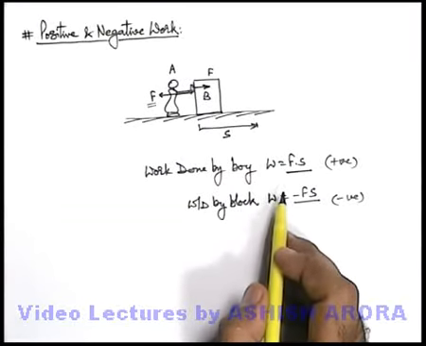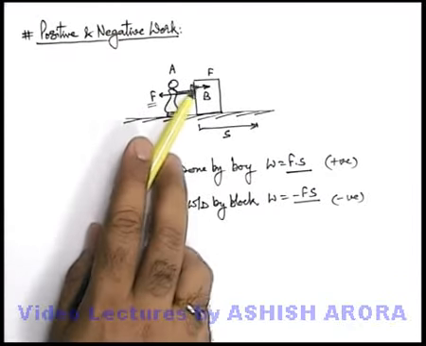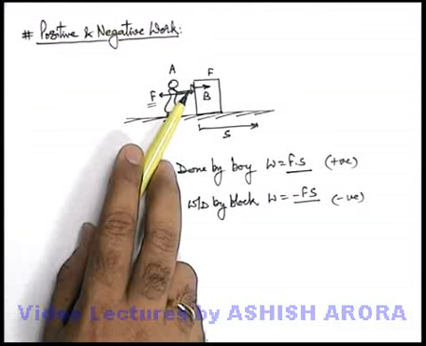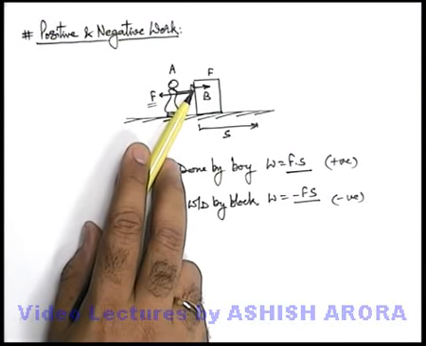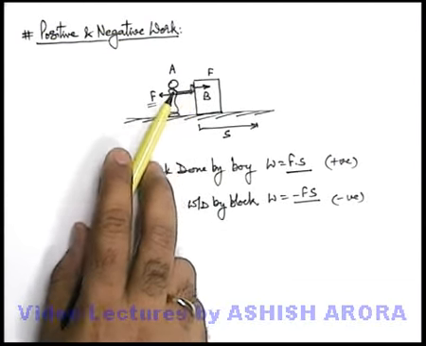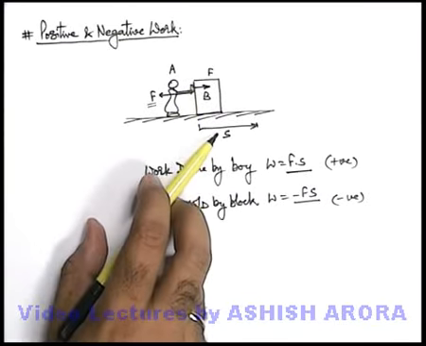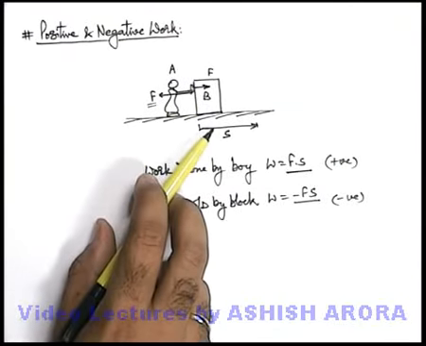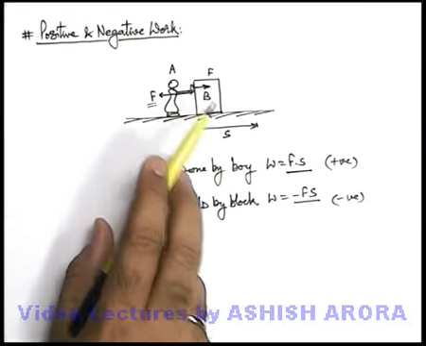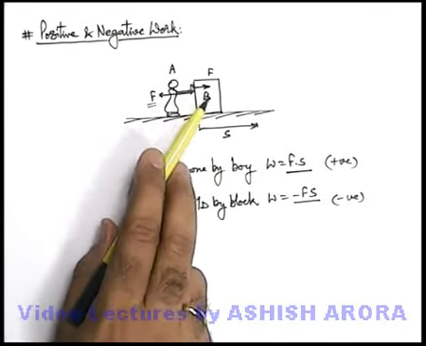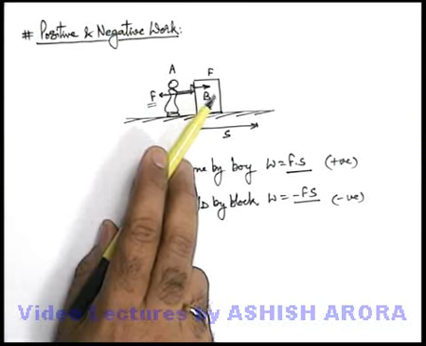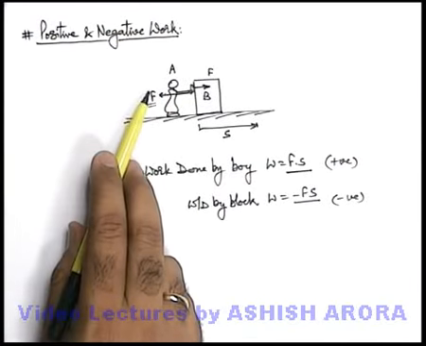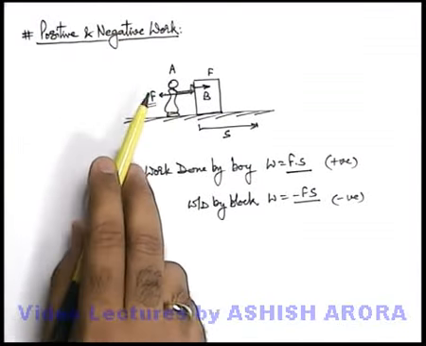Here you can see one thing: whenever work is done, there is always a pair of forces acting at the point of application. Out of the two forces, one force will be producing the displacement and the other force will be opposing the displacement. The force which is producing the displacement is applied by the boy on the block, and the force which is opposing the displacement will be applied by the block on the boy.